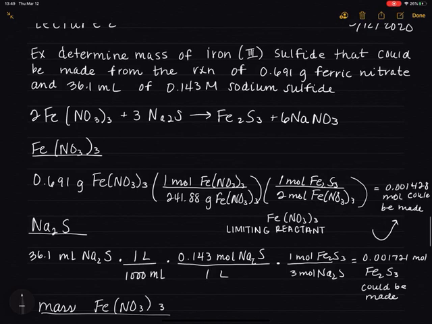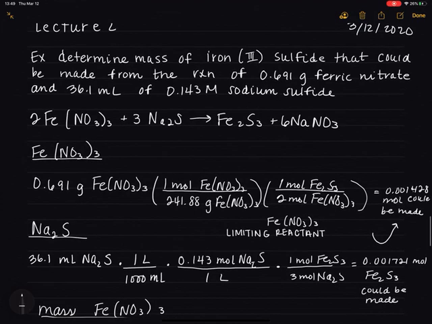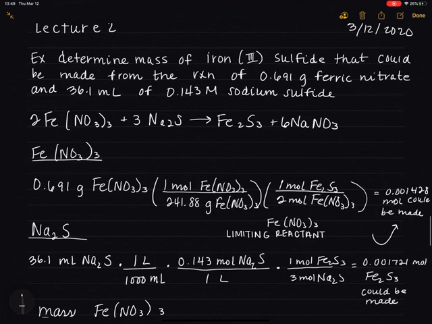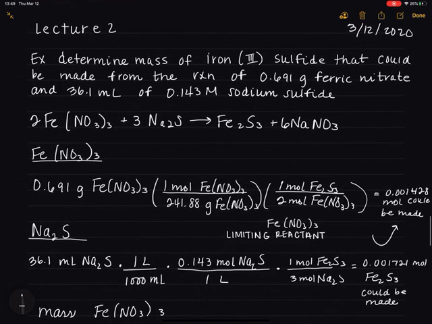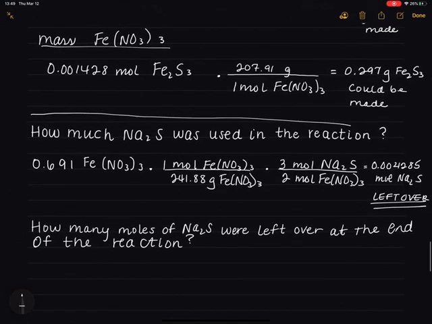If my units don't match, I don't want to necessarily do that subtraction. But yeah, I want to subtract, but what do I want to subtract this from? The total sodium sulfide that I started with. What was in my original solution?